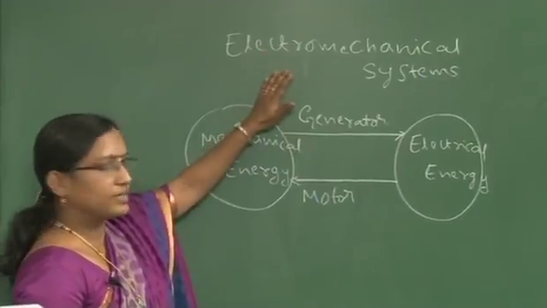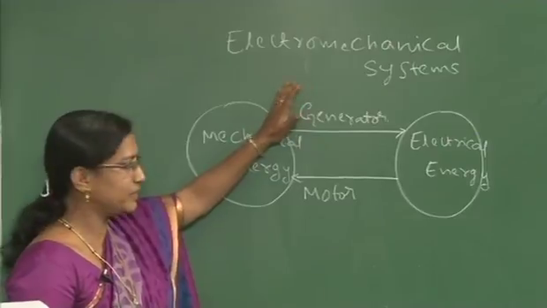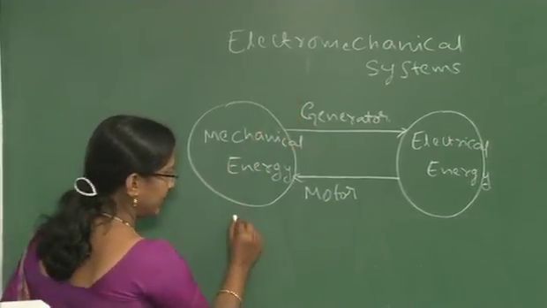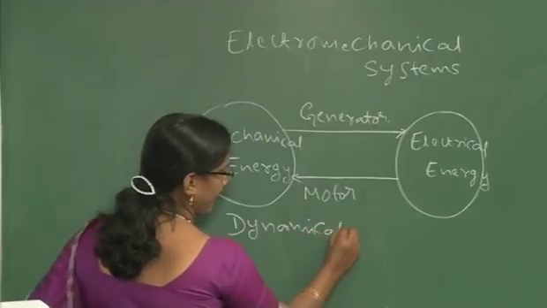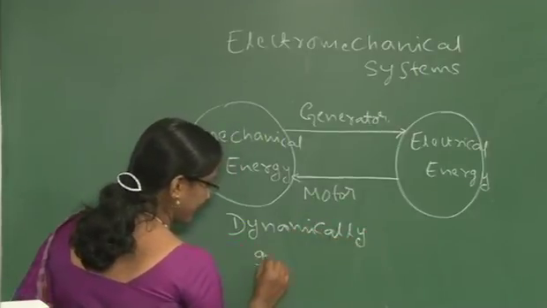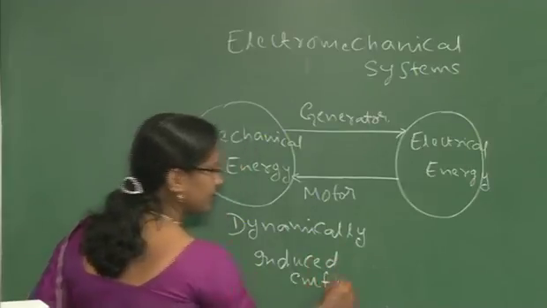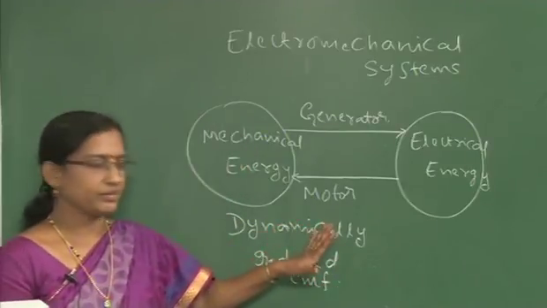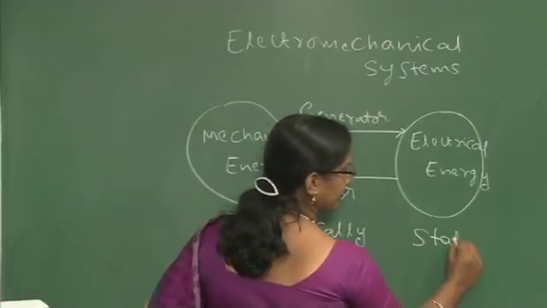I already told you that we call these rotating machines because they follow the dynamically induced EMF concept. There are two types of induced EMF: one is dynamically induced EMF, another is statically induced EMF.